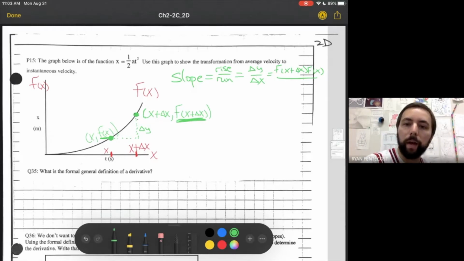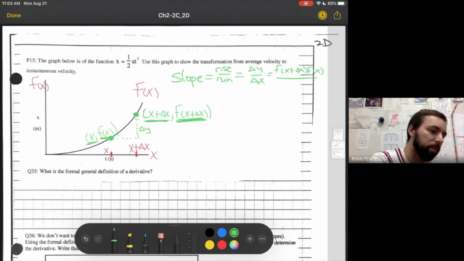You can plug in any x and any delta x, and this could work. Now, for delta x, we want to take the further right, or the greater x value, and then subtract the lesser x value. So we have x plus delta x, and then we'll just subtract x.